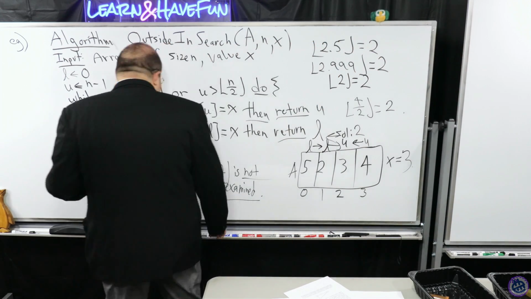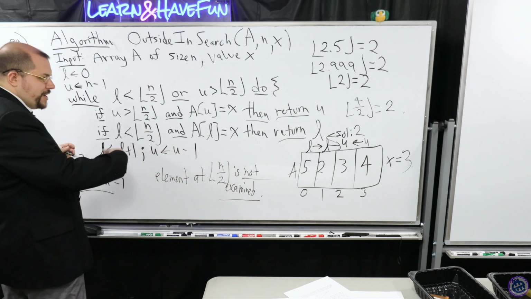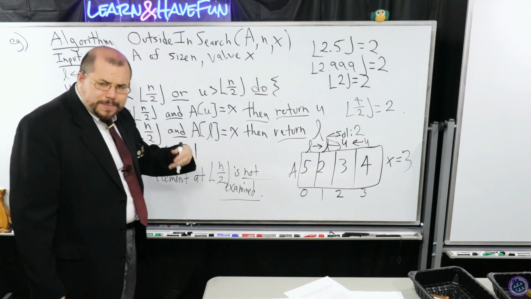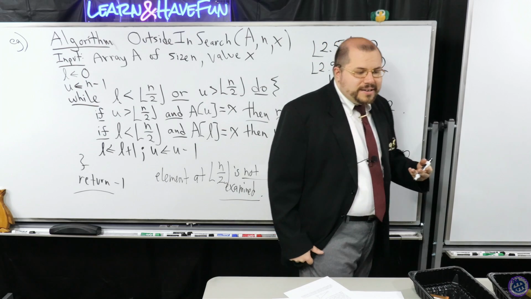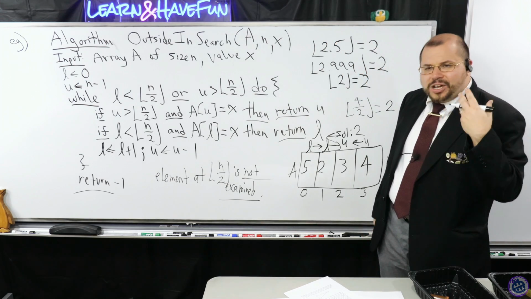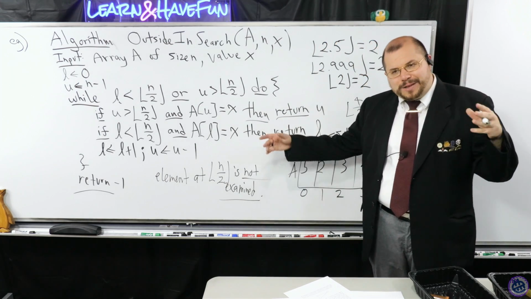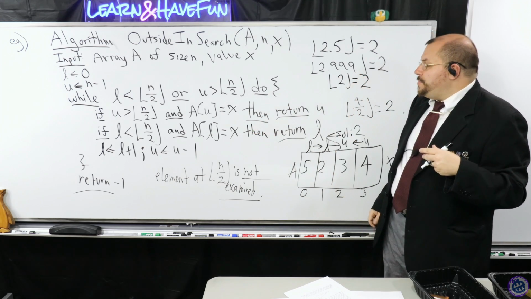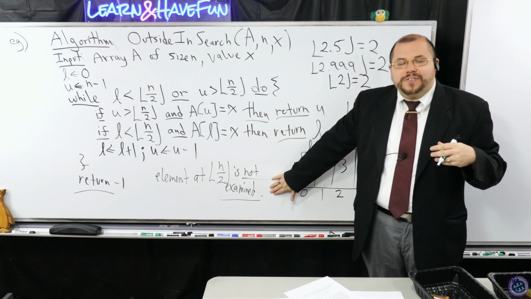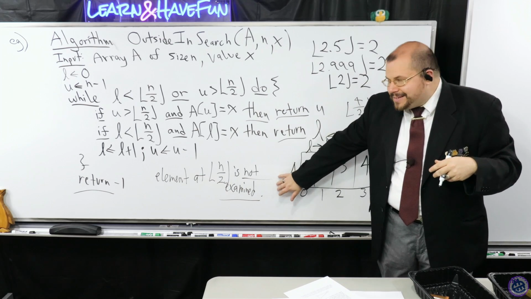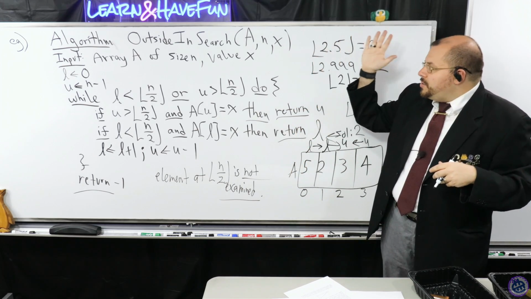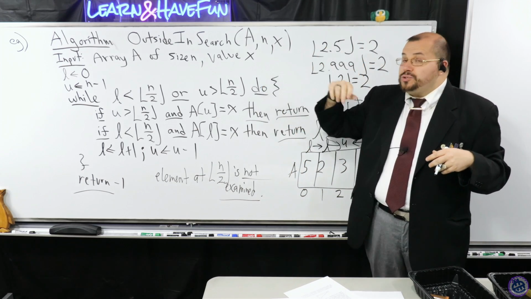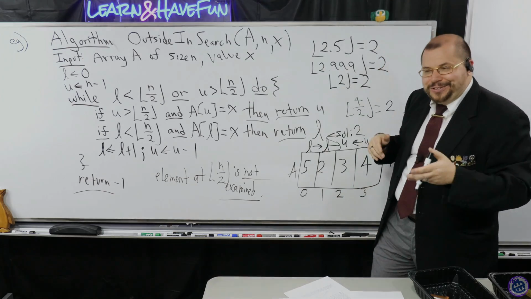If there's a mistake, it could be that the concept still makes sense, but there might be an issue with the algorithm in the way I described it to you. So what I'm going to suggest, and I'll leave this as an exercise, is to make it so either L or U is allowed to check the floor of n over 2 as a position.